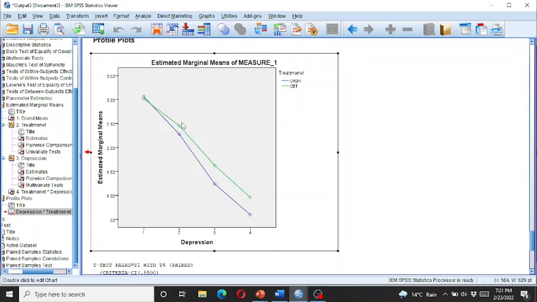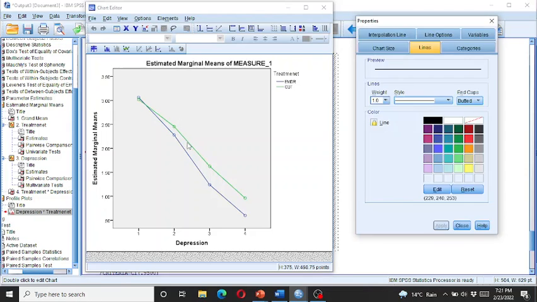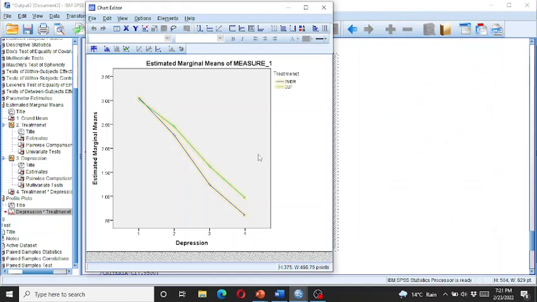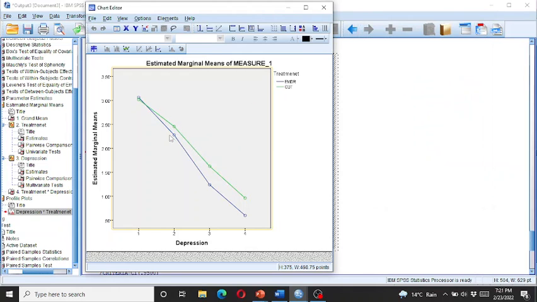You can edit this if you want, like changing the color or adding other things, but you don't need to make these changes.